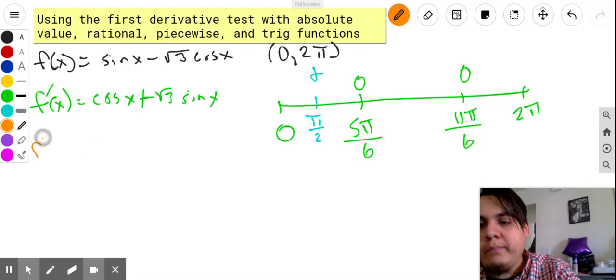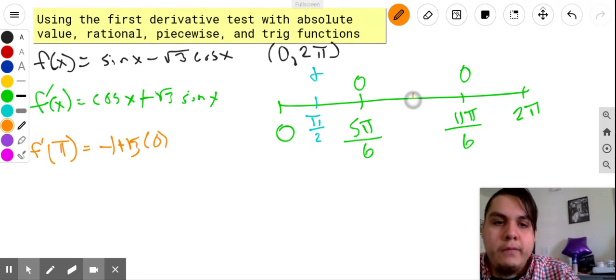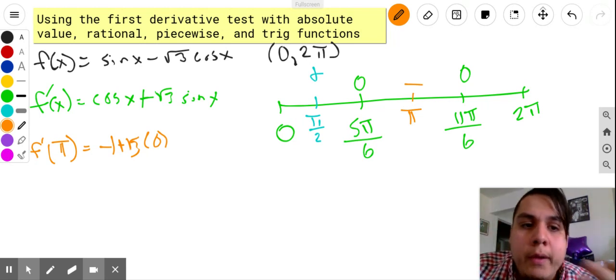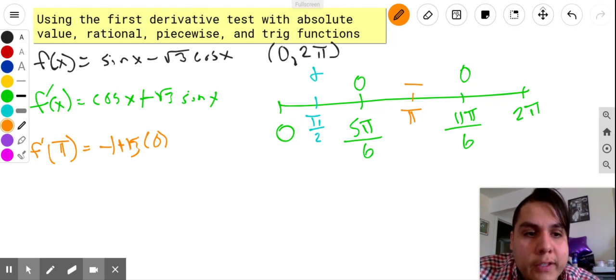So f prime of pi: cosine of pi is a negative 1, plus square root of 3 times sine of pi is 0. That's going to be negative. There we go. Now I need to use a value greater than 11 pi over 6.